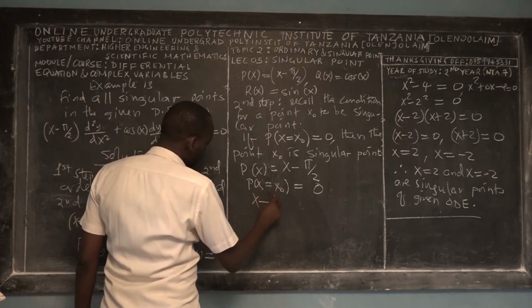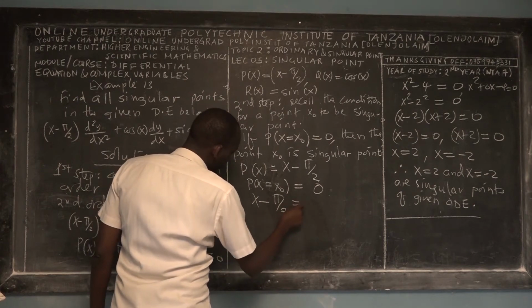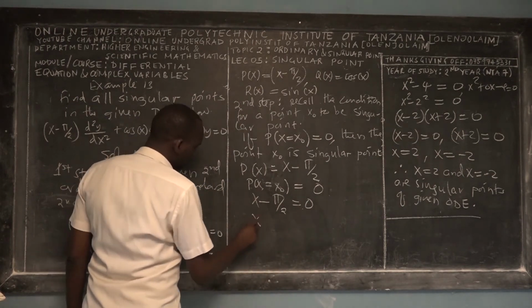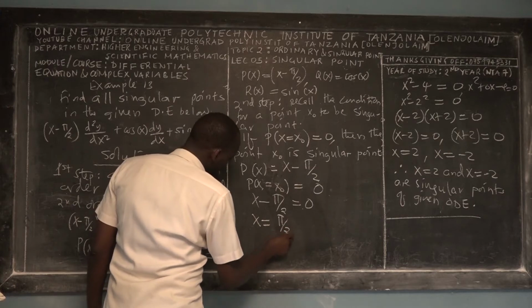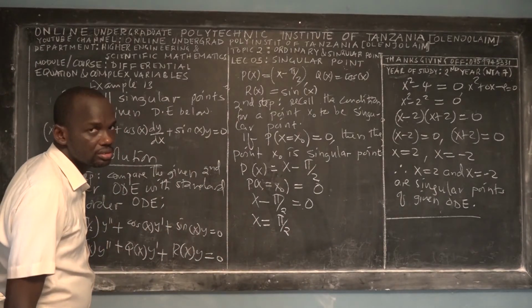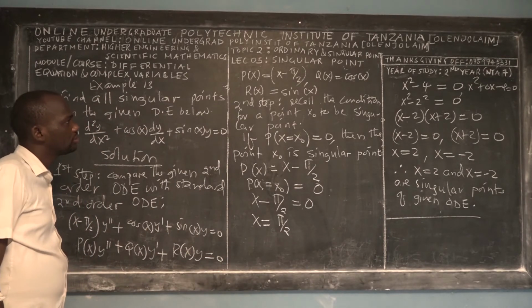So we say x minus pi over 2 is equal to 0. Make x the subject, so x is pi over 2. That's the value.